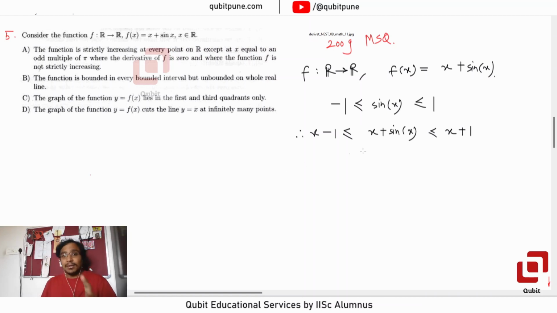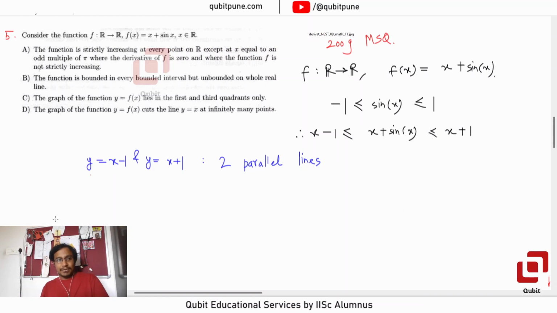Now look, what are y equal to x minus 1 and y equal to x plus 1? They are two parallel lines, correct?